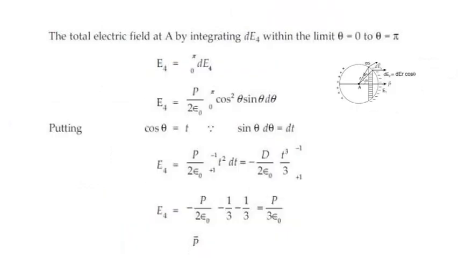If we arrange the total electric field by integrating dE_n, and as you can see from the figure, the angle will be from 0 to pi, then E4 can be written as the integral from 0 to pi of dE_n.